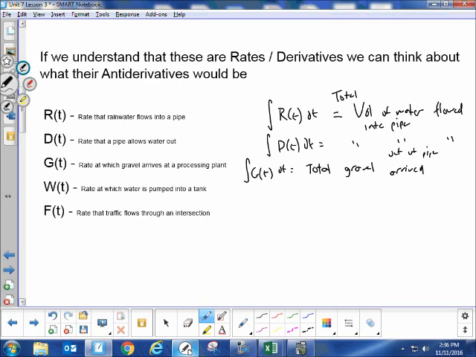Okay, et cetera, et cetera. Rate at which water is pumped into a tank. The antiderivative of W would give me some function that would give me the total water pumped in. Rate at which traffic flows through the intersection. The antiderivative would be some function that would be the total traffic that has passed through the intersection.